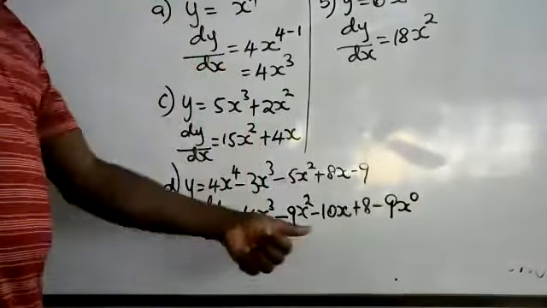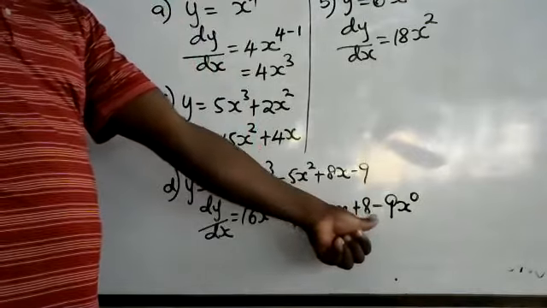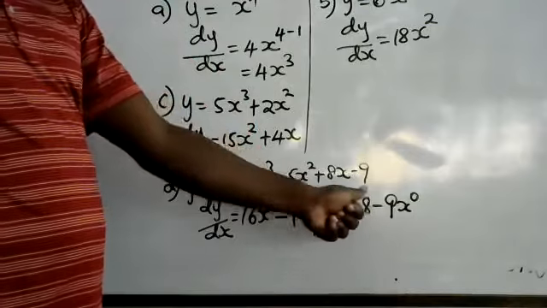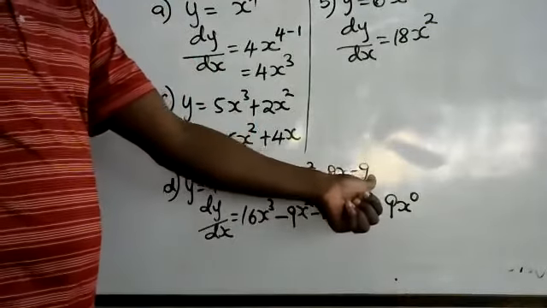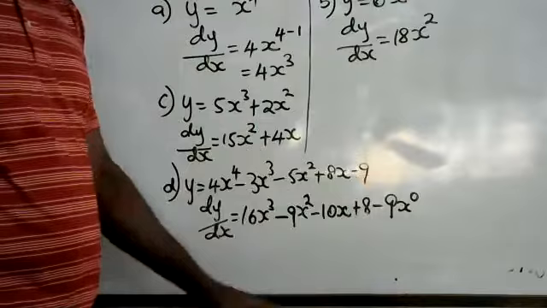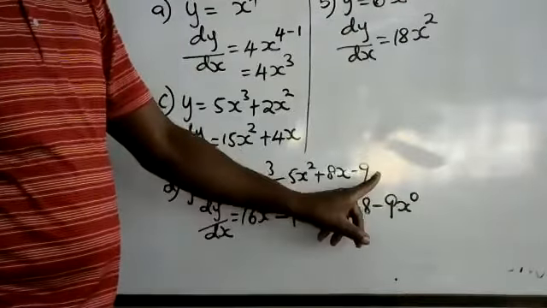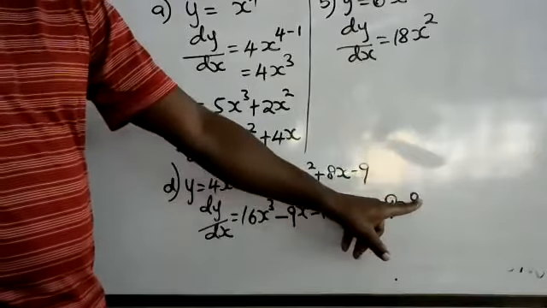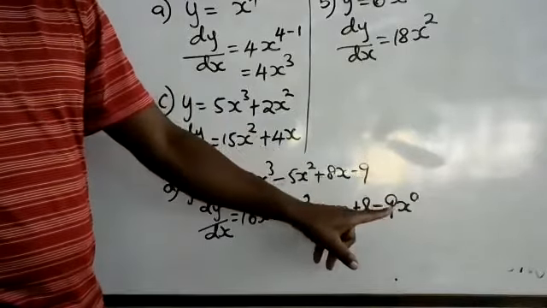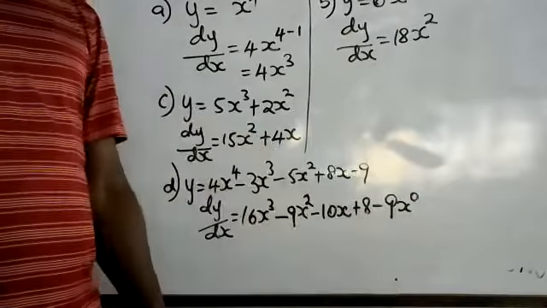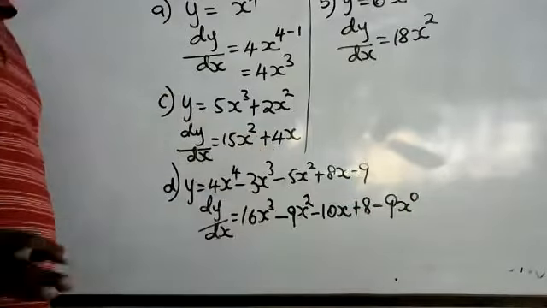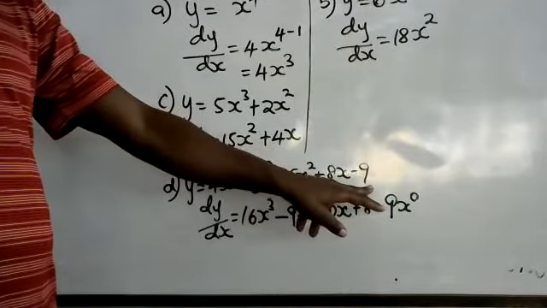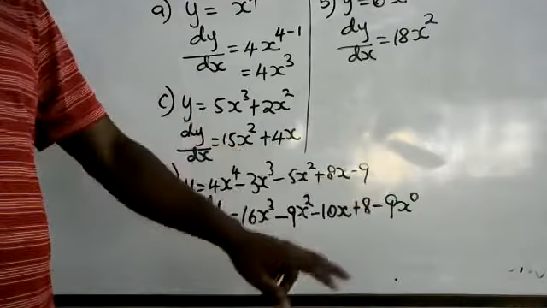There is an assumption that there is x raised to power 0 multiplied here. And because of that, power 0 times 9, everything will be 0. Note this, anytime you differentiate a constant, that constant will turn to be 0.